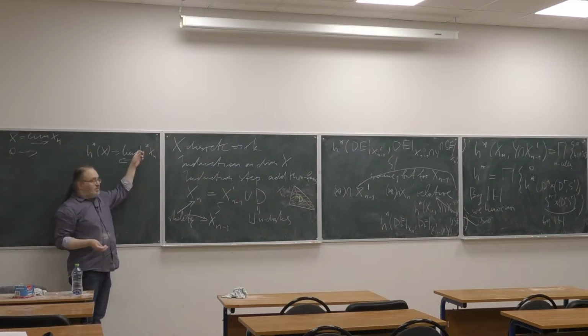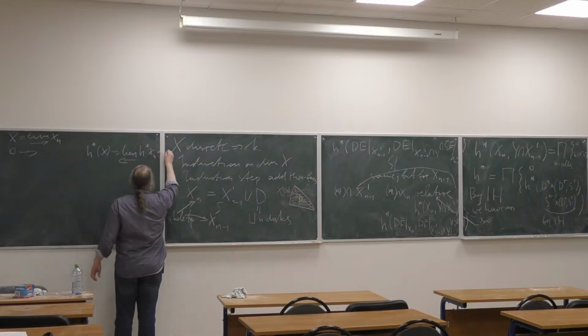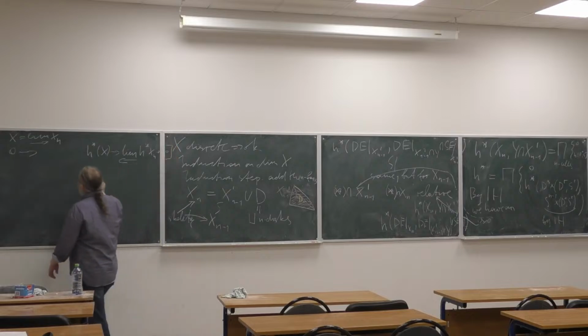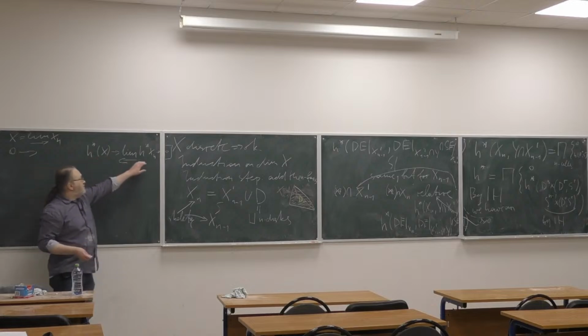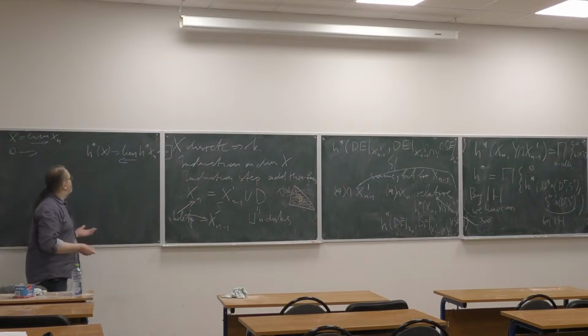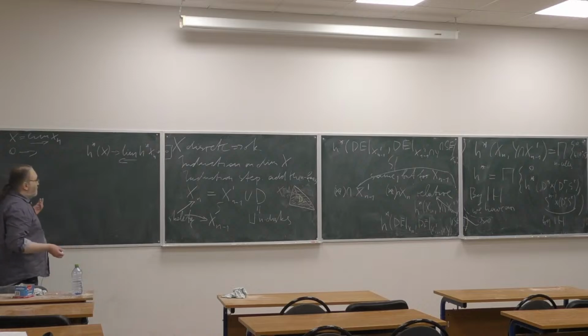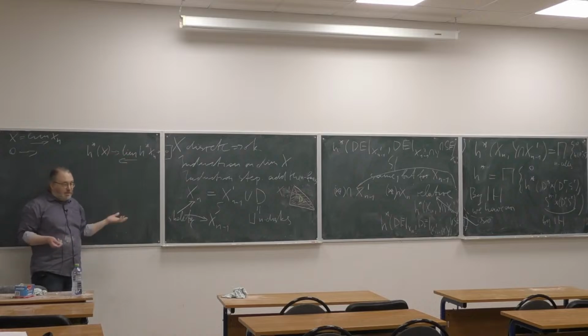So instead of a direct limit of H(X_n)'s, we have the inverse limit. And we have a map from H of X to H of every X_n. This is not surprising. And so we have a map into the inverse limit. Again, not surprising.